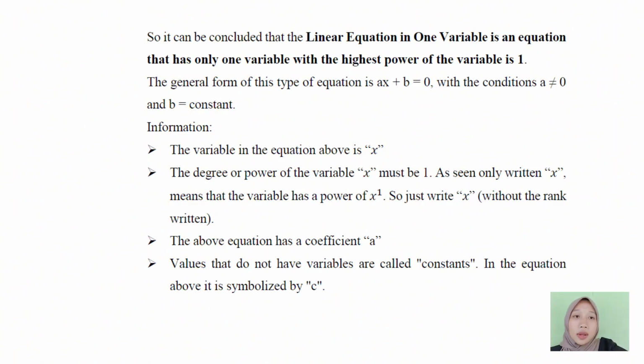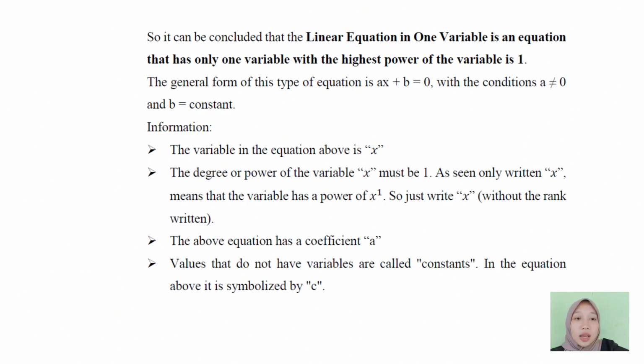So it can be concluded that the linear equation in one variable is an equation that has only one variable, with the highest power of the variable being 1. The general form of this type of equation is ax plus b equals 0, with the condition a not equal to 0 and b a constant.